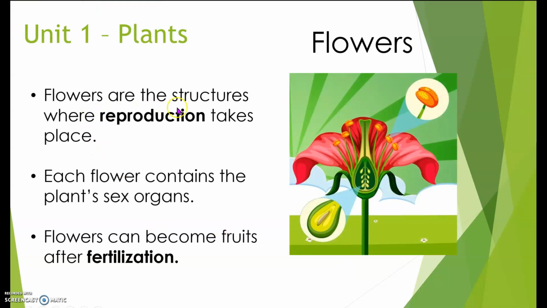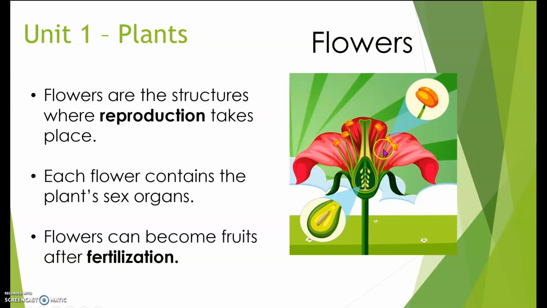Okay, flowers are the structures where reproduction takes place. Everybody repeat after me. Reproduction. Very good. So coming from the word reproduction, meaning to produce, or production of a new offspring.